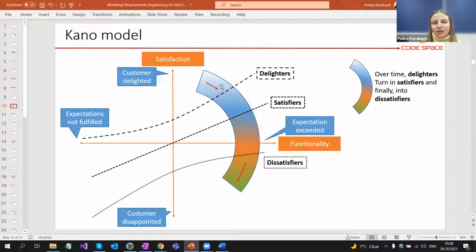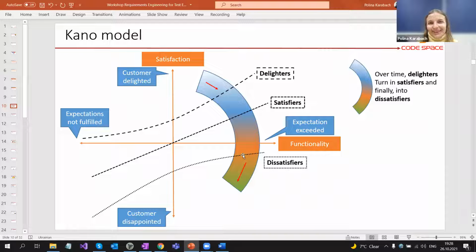So delighters would gradually shift to satisfiers, and satisfiers also over time will go to dissatisfiers and will no longer be a wow factor for users. Like with the phone, having a camera that can take pictures and videos, it's something that we expect in a smartphone.